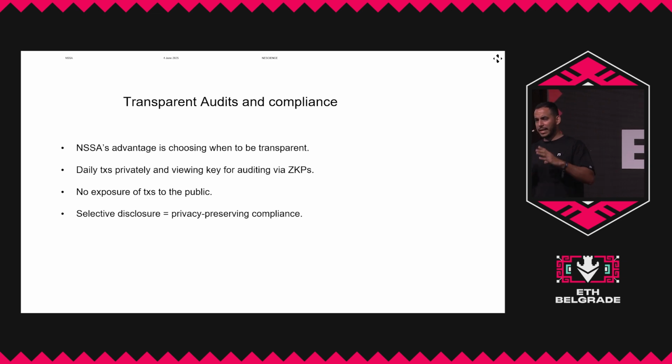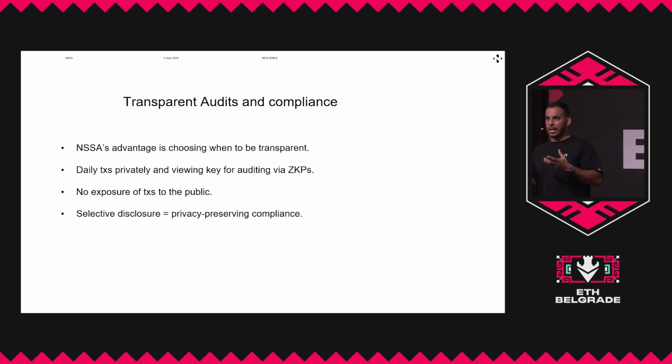So they can do all the everyday transactions privately, and they can use a viewing key. This viewing key allows auditors to check all the transactions that have been made. The only difference is that it's not all public. It's just giving the user the ability to choose when they want things to be public.